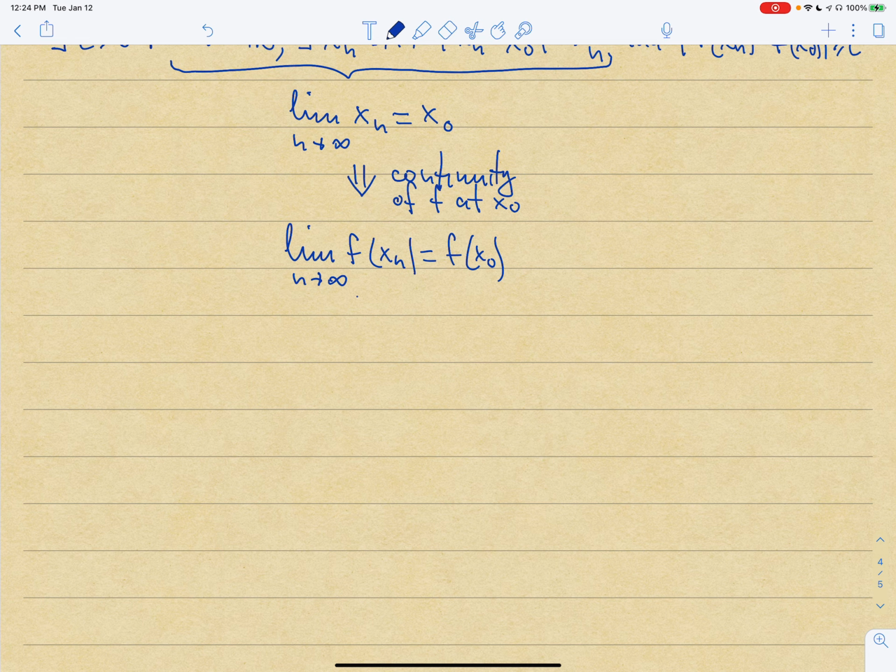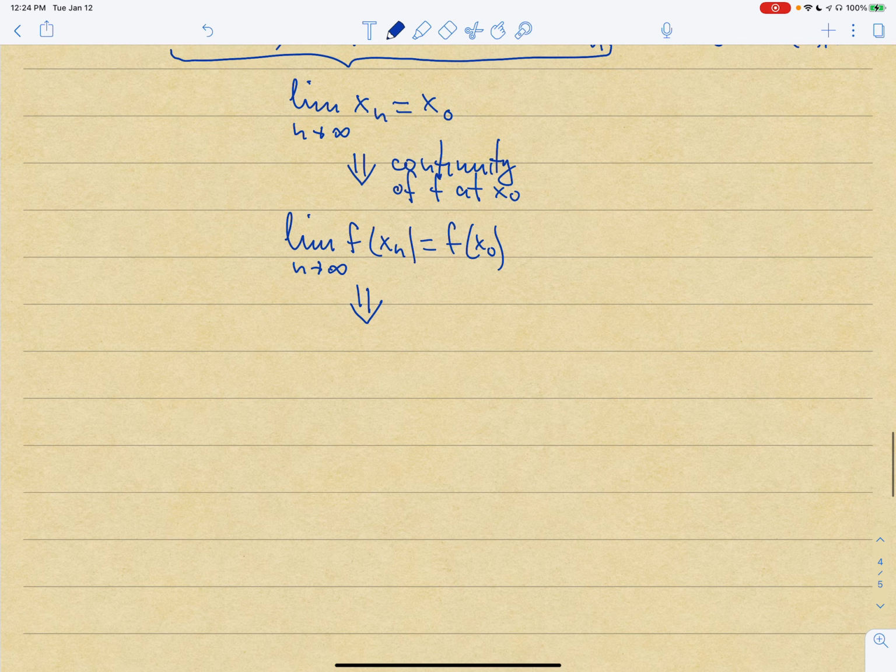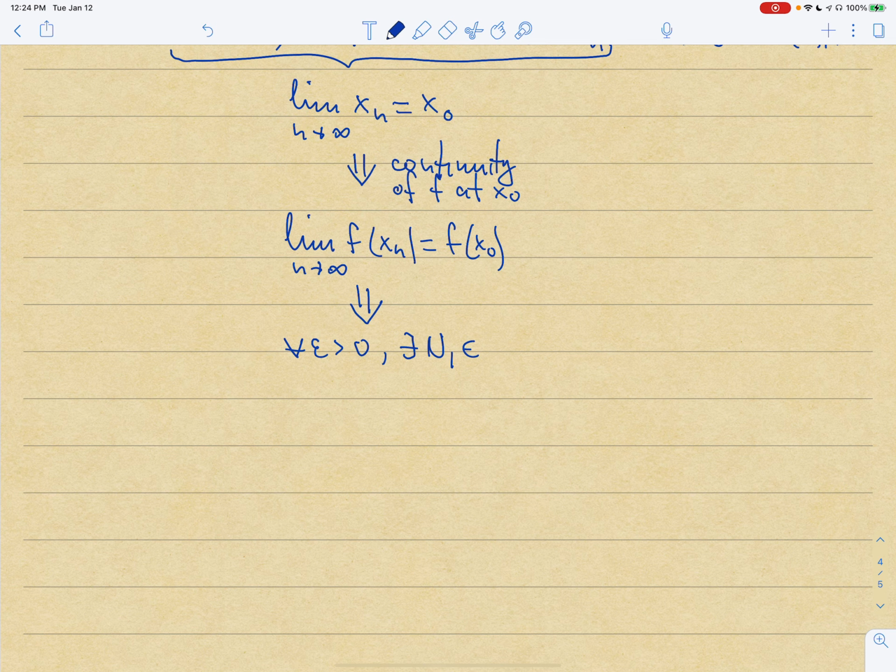And what this means, in turn, is that for any epsilon greater than 0, there exists, let's say, N1 in R, such that n bigger than N1 would imply f of xn minus f of x0 is less than epsilon, right?